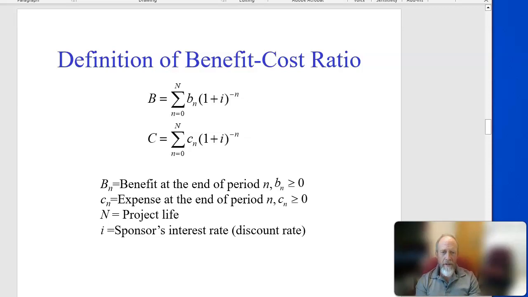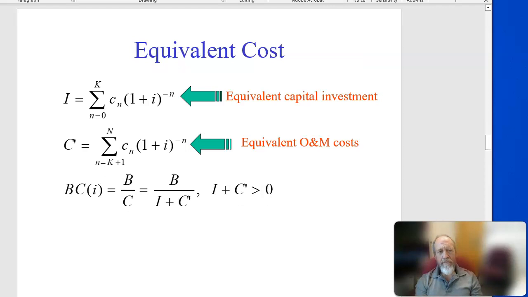You bring them all to the same point in time. And you just basically sum up all the benefits and all the costs over the project life, adjust them to the same time frame, and you've got it. Now, we do want to take into account that there are different types of costs. One of the costs is going to be capital investment.